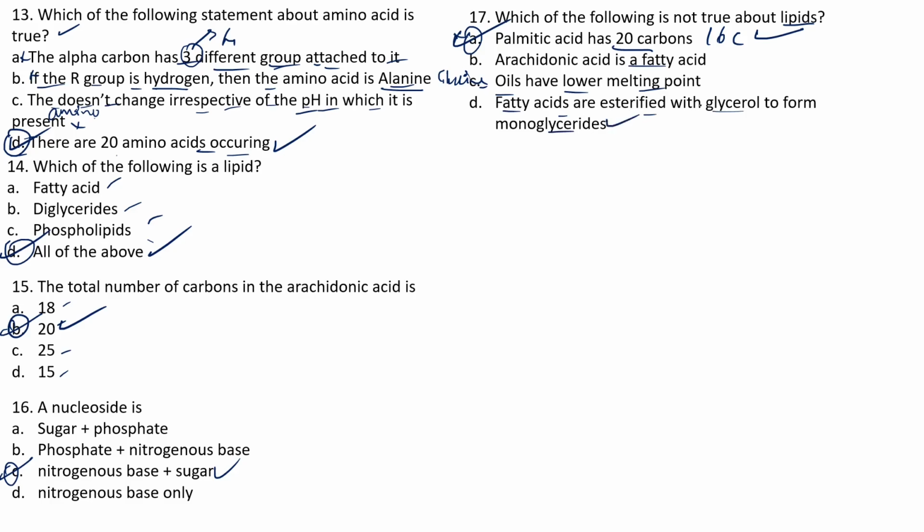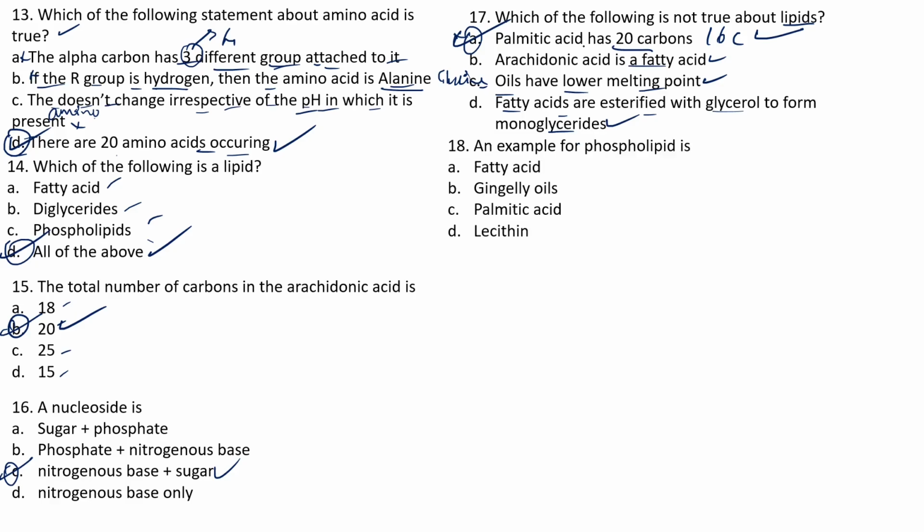Exactly, statement D is also true, C is also true, and arachidonic acid is a fatty acid, a polyunsaturated fatty acid. So B, C, D are true statements, but statement A, that palmitic acid has 20 carbons, should be 16 carbons, right? So hence A is our not-true statement and the right answer for this question.